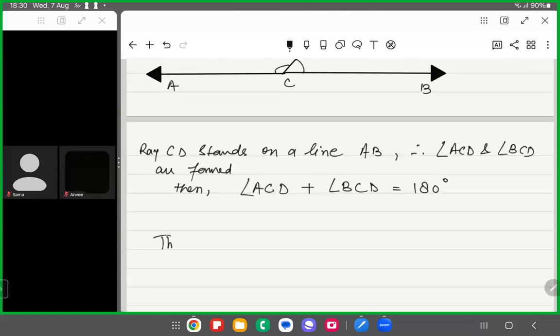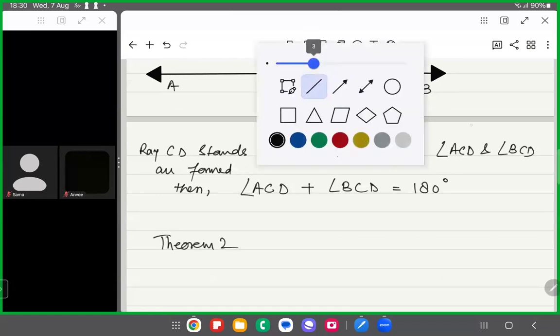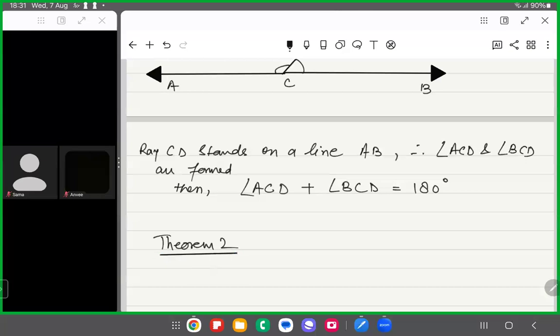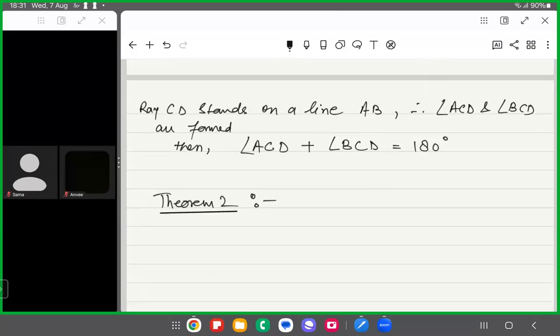Theorem 2. The sum of linear pair of angles is 180 degree.